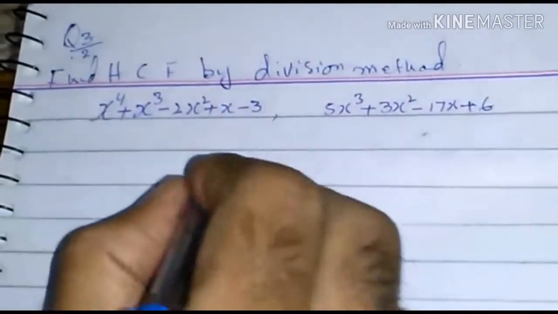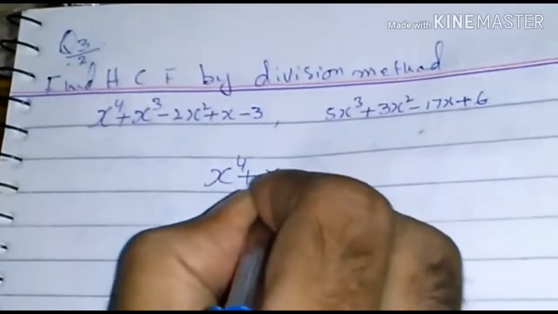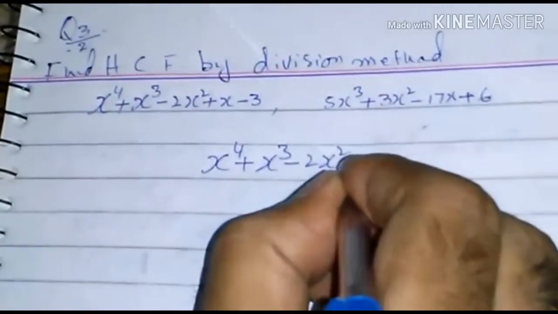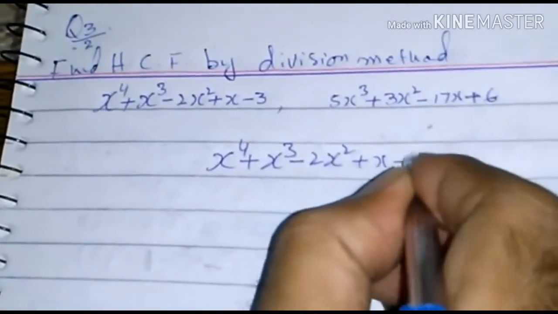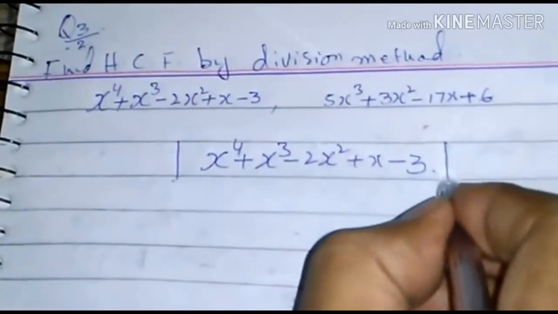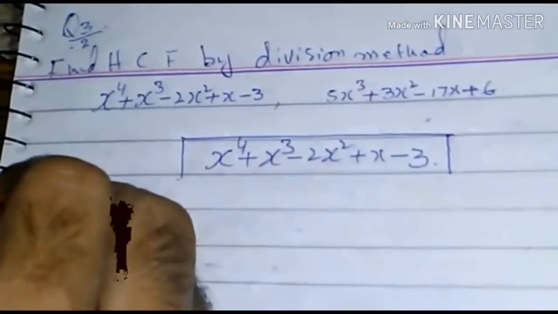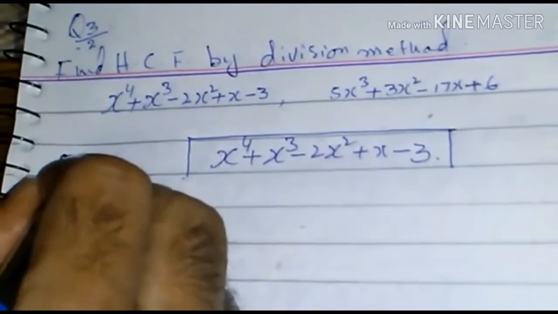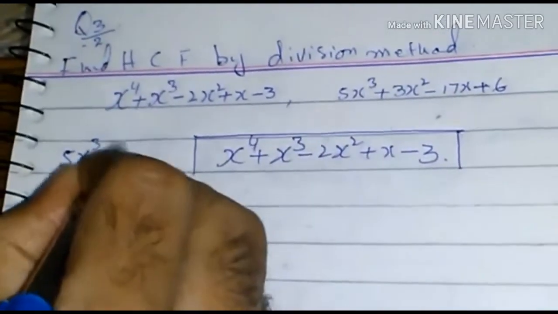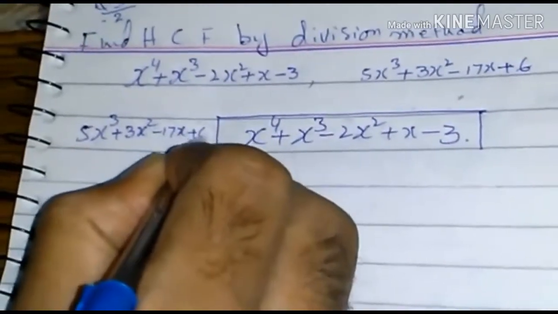We write this expression here, x to the power 4 plus x to the power 3 minus 2x square plus x minus 3, and divide it with the second one, 5x cube plus 3x square minus 17x plus 6.